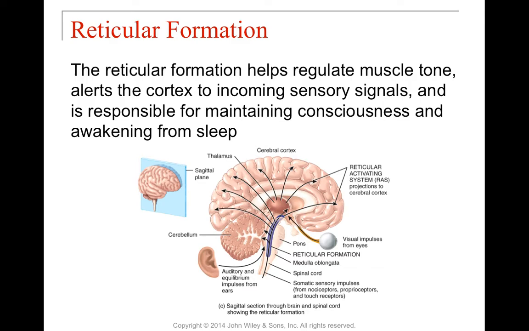So you may hear me talk about the RAS a little bit later, and that's what's responsible for awakening from sleep, so becoming conscious. So if you damage this region, you can end up with issues with maintaining consciousness, something like narcolepsy, or also just issues with awakening from sleep. And then you could perhaps end up in a coma if we end up with severe damage to this region. And the descending portion of this reticular formation helps regulate what we mentioned previously: skeletal muscle tone, heart rate, blood pressure, and respiratory rate.